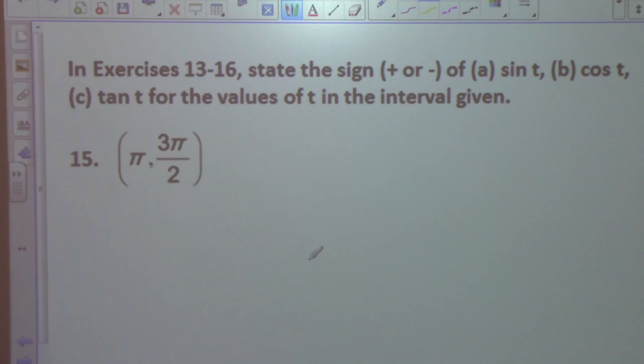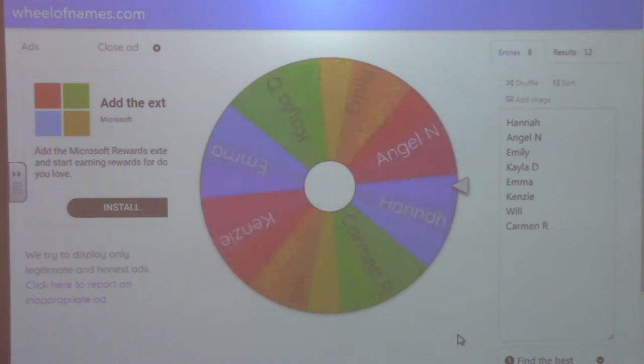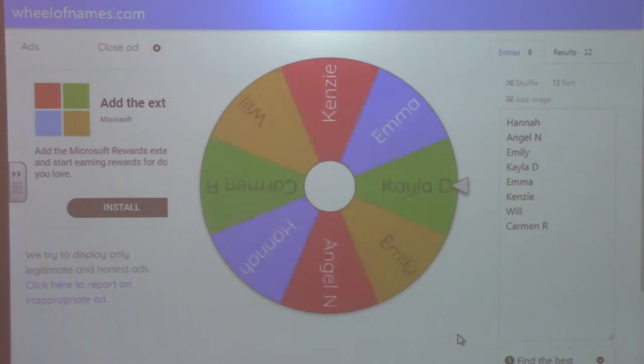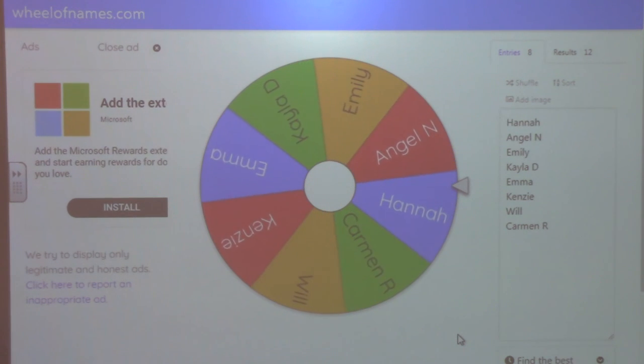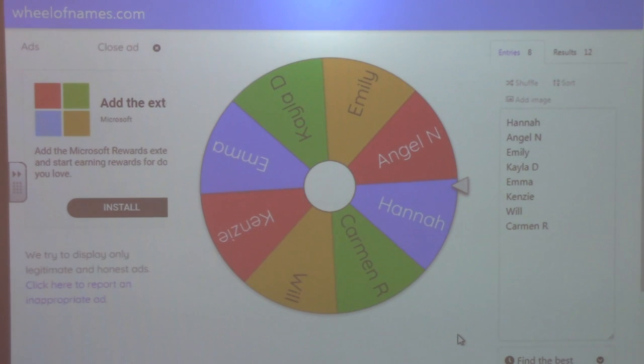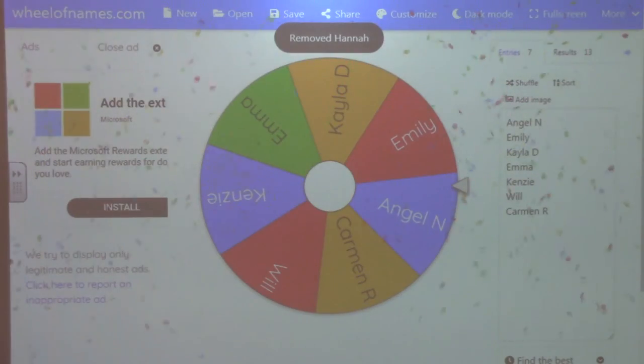Here we go, problem 15. Let me shuffle once, here we go. We're going to have Hannah or Angel. It's going to be Hannah. Number 15, yes.